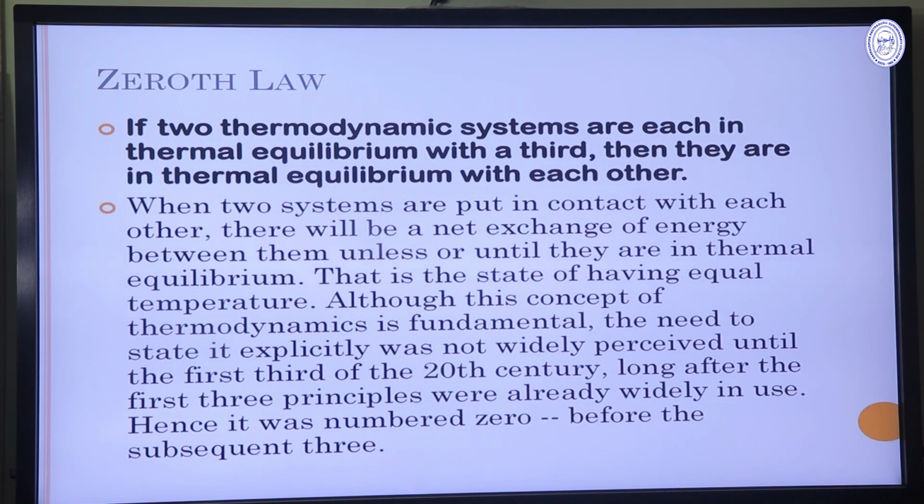That means A and B will also be in equilibrium with each other.